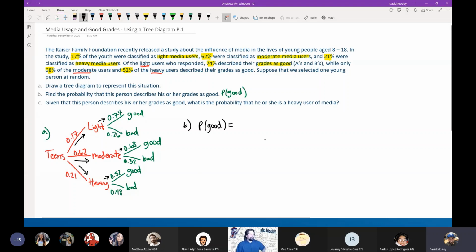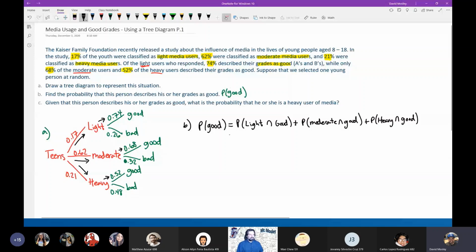All right. So again, we have P of light and good plus probability of moderate and good plus the probability of heavy and good.